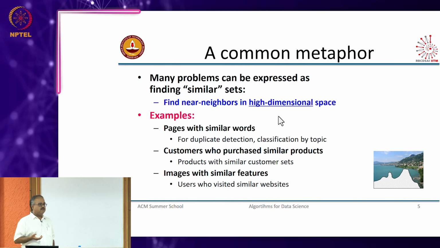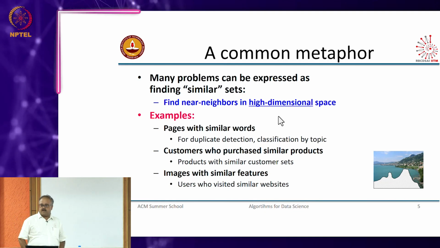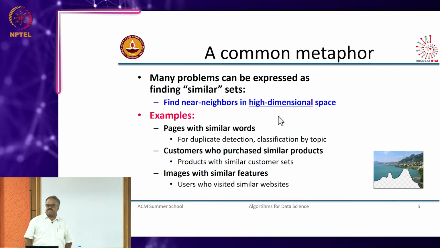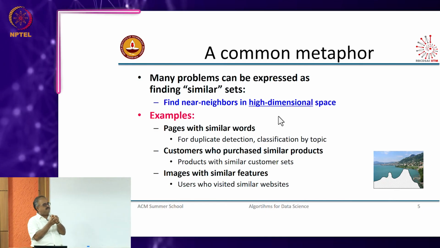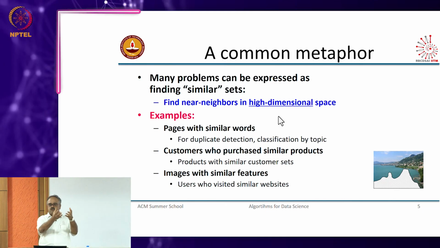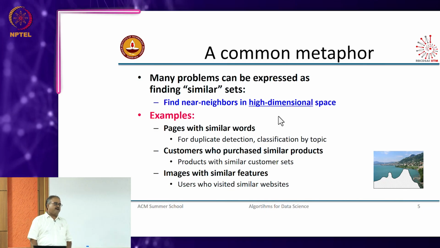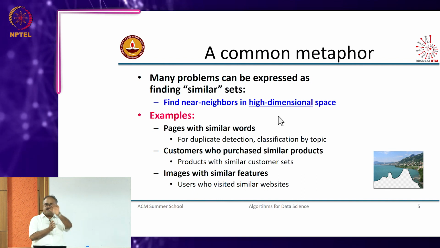Why is this useful? There could be web pages that are copied from one another. Let's say I'm building a news aggregator website. I would like to pull in all these web pages and show those stories which are essentially the same story, maybe shown slightly differently, maybe with a couple of paragraphs deleted or a paragraph inserted here and there, but I would like to group all of them together and show you just one link for this.